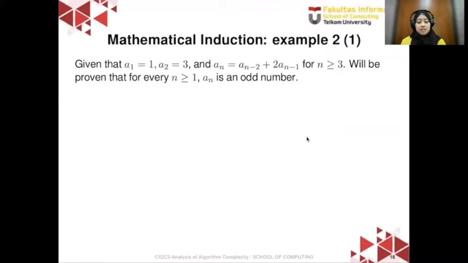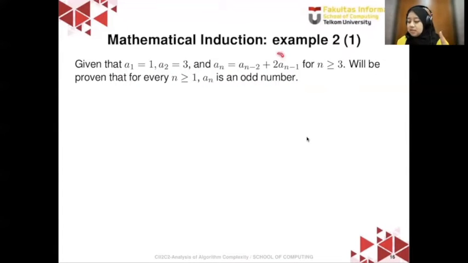Okay, so for the strong induction example, let's say that we have a_n, where a_n is 1 if n is equal to 1, a_n is 3 if n equals 2, and a_n is a_{n-2} plus 2a_{n-1} for n is 3, 4, 5, and so on. And we want to prove that a_n is always an odd number if n is larger or equal to 1.